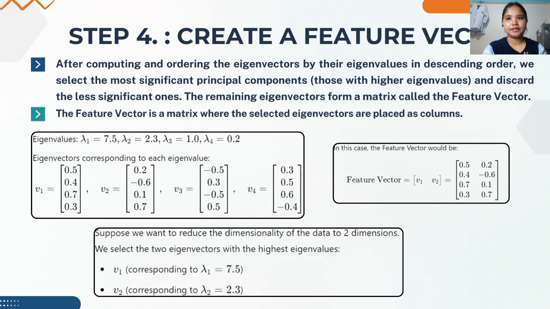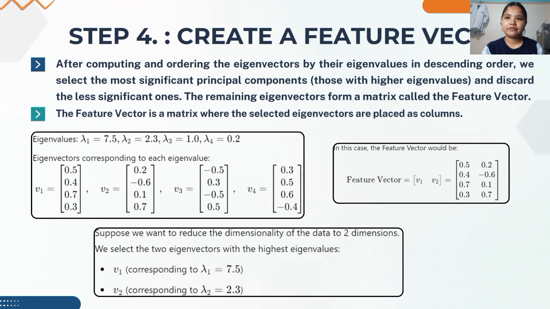As I've said earlier, after computing and ordering the eigenvectors by their eigenvalues in descending order, we select the most significant principal components, and those significant principal components are those that have higher eigenvalues, and discard the less significant ones. The remaining eigenvectors form a matrix called the feature vector, where the selected eigenvectors are placed as columns.